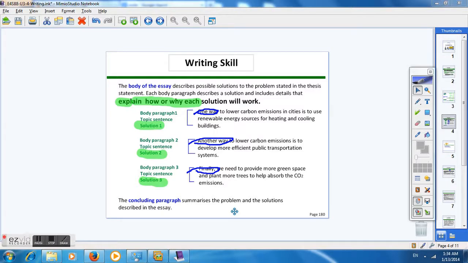So these are the body paragraphs, and you have the concluding paragraph. So you have the keywords here. It says one way to lower carbon emissions, and then you have another way to lower carbon emissions, and finally we need to provide more green space and plant more trees.